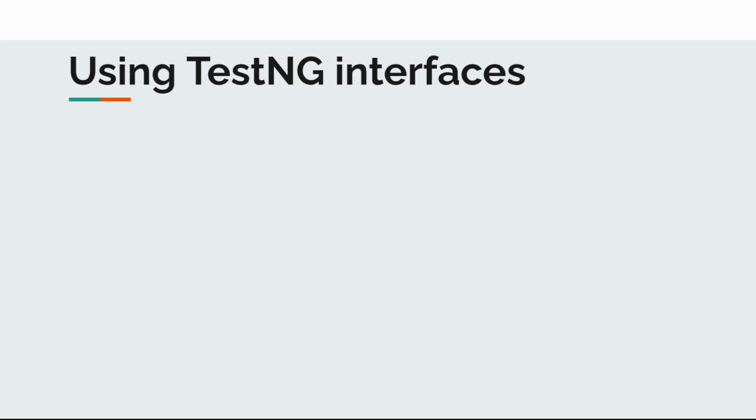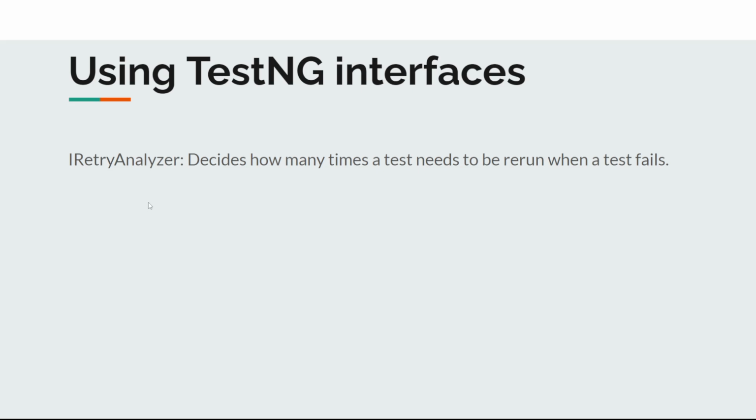To do this in TestNG, there are a couple of interfaces that we're going to use. Number one is called IRetryAnalyzer. Again, remember this, it is an interface. I hope you already know that an interface is a special type of class where the methods have no body definition.